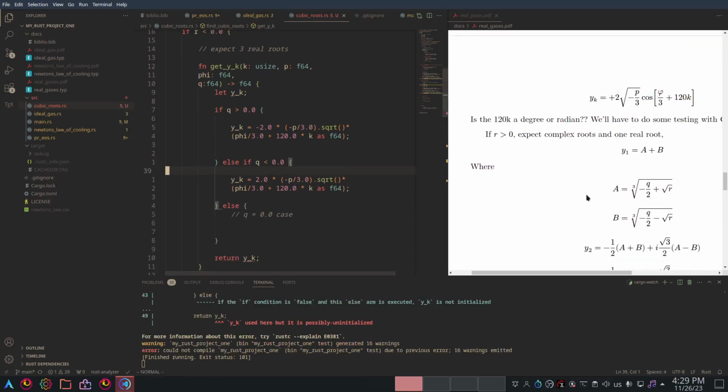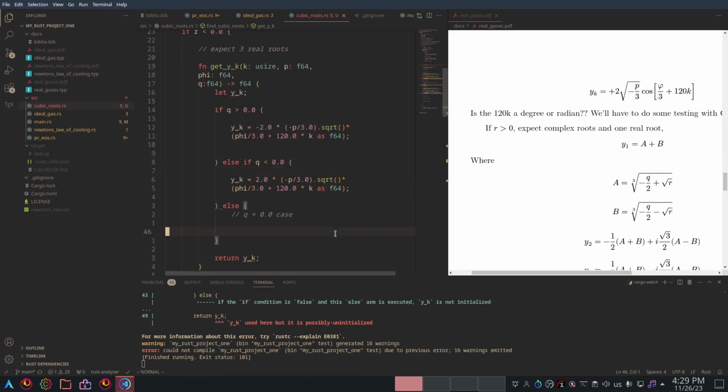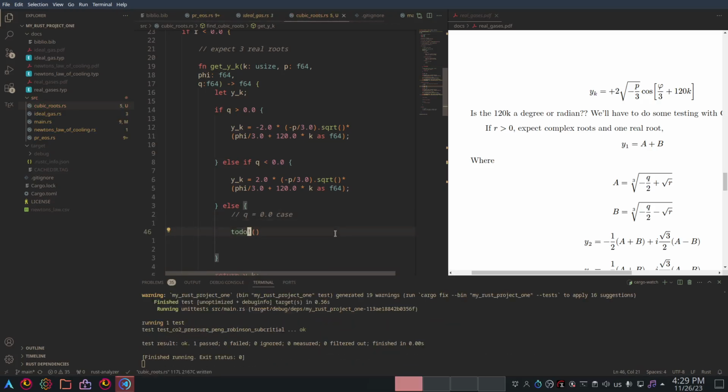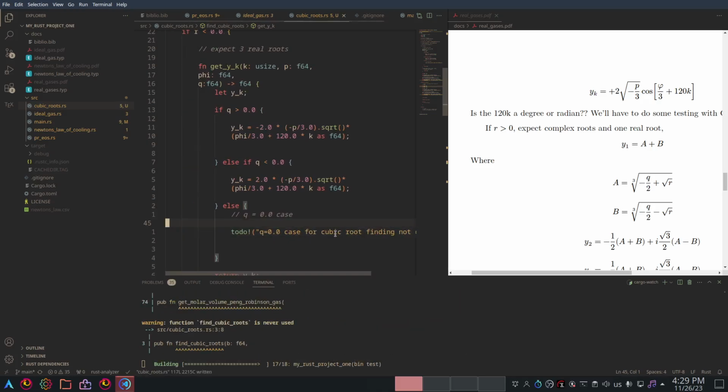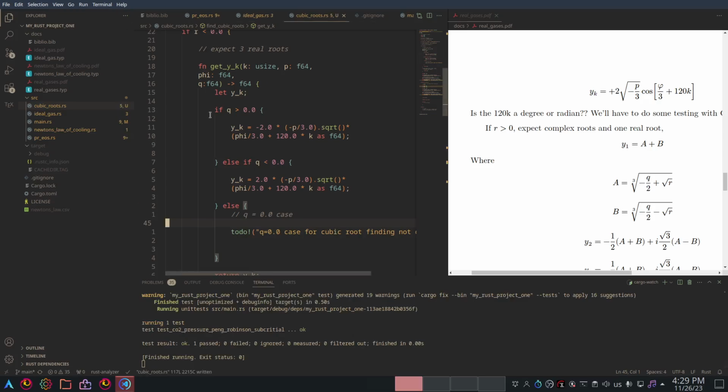Now, where q equals 0, we have not quite figured that out, so maybe we'll just leave it here as a to-do. We'll deal with this later. The q equals 0.0 case for cubic root finding is not done yet. Maybe we'll do it next time. Okay, this is for now.